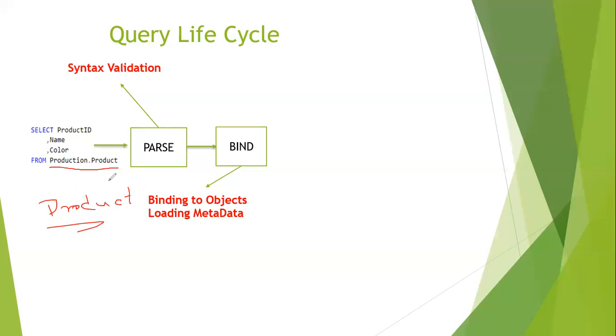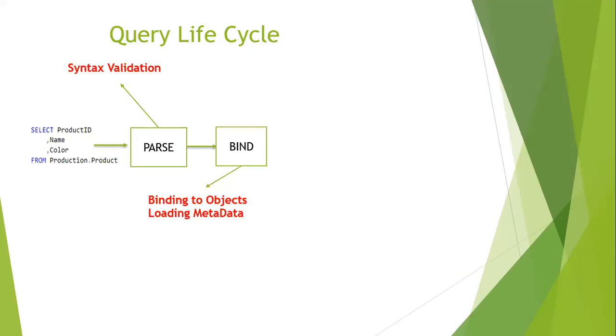Then it starts building a plan, it starts building a query tree. Once the query binding is completed, it creates a query tree. Query tree is nothing but normalizing the query, right? Before passing it to the optimizer, it will create a query tree.